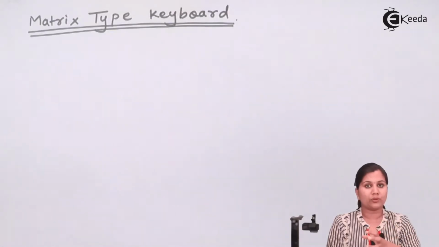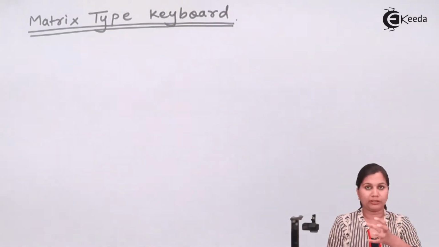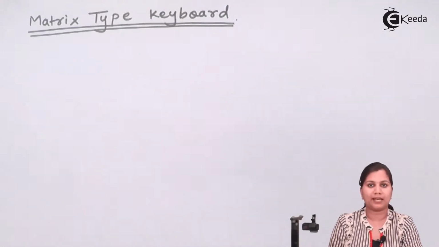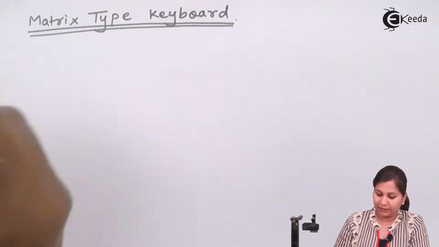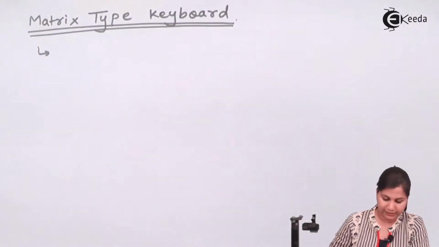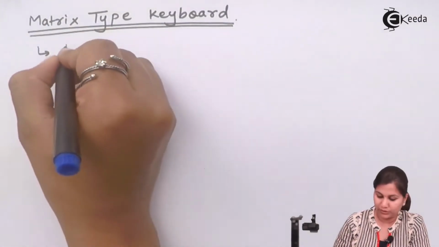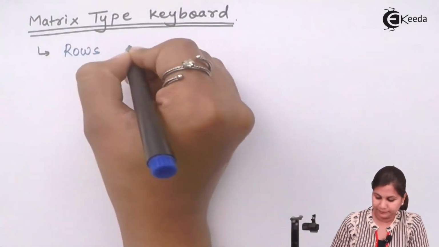Now to reduce that circuitry, or the requirement for input lines, we can use the matrix type keyboard. In this matrix type keyboard, the keys are present in the form of rows and columns.